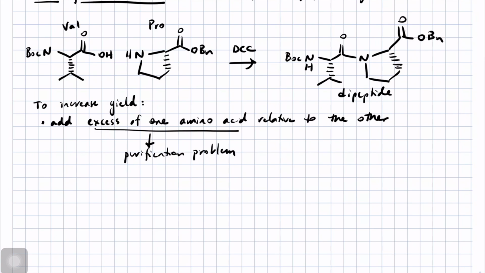His idea was, what if we covalently attach one amino acid to a large polymer? In fact, let's have this polymer be large enough that we can manipulate the polymer, move it around. Perhaps it could be a small bead.